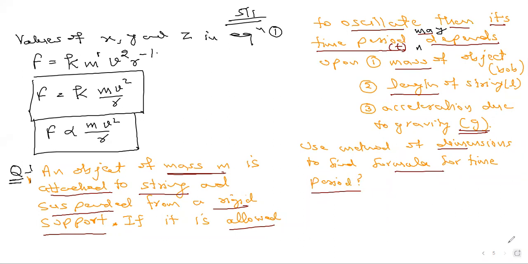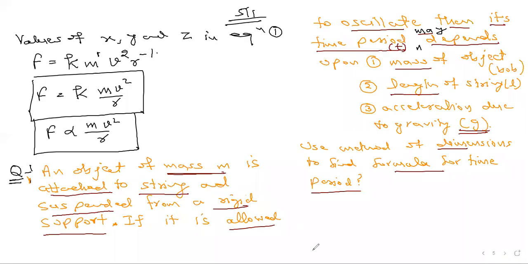So what to do in this situation? All of you have noted down the question? So what is said here is that the time period depends upon mass, length, and g, but how it depends is not mentioned.